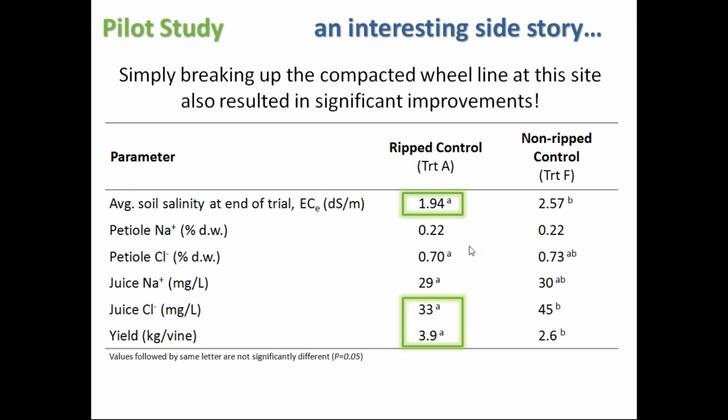So for growers who are facing some sort of salt problem or concern with water availability or vigour issues in a compacted soil area, simply breaking up that compacted wheel line looks like it could also give you some improvement and head in the direction that those rainfall redirection treatments were giving us. So we're not getting as significant a result as we found with the rainfall harvesting, but simply breaking up that compacted wheel line did actually give us a response.